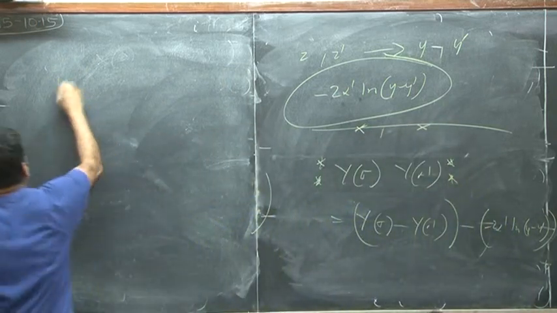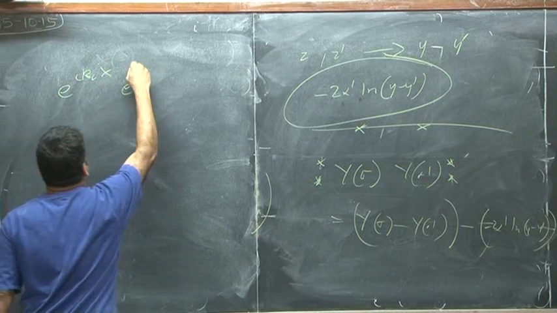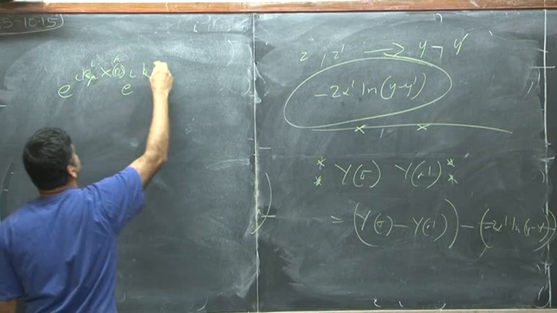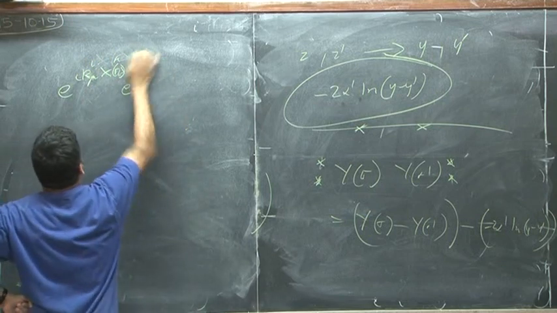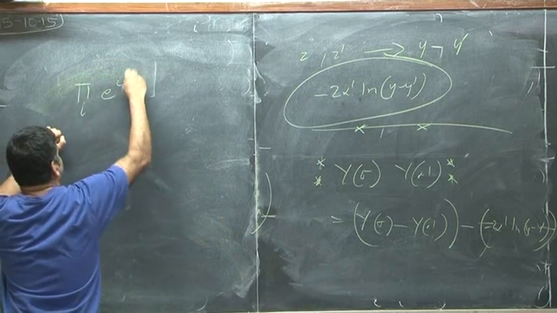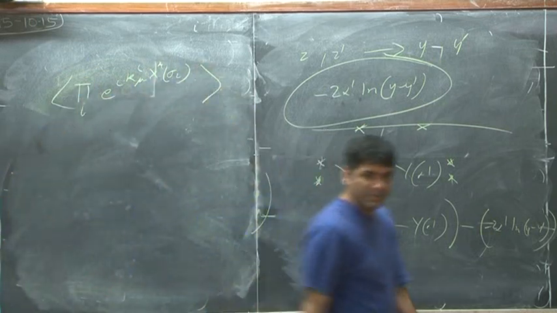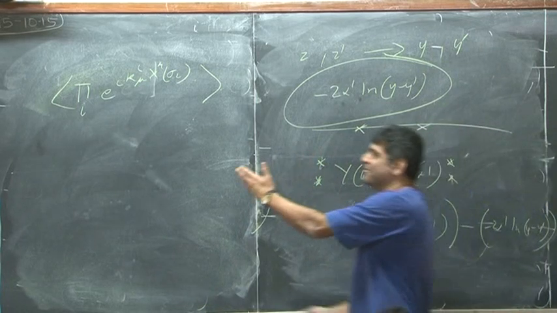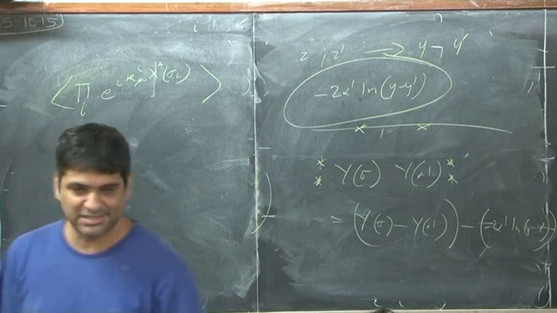So if we wanted e to the power i k x times e to the power i k x at sigma i, and suppose that was a product over i of e to the power i k_i mu x mu. What does this evaluate to? Really, what we should do is repeat what we did at the beginning of the lecture. We'll take a shortcut so we get the answer fast.